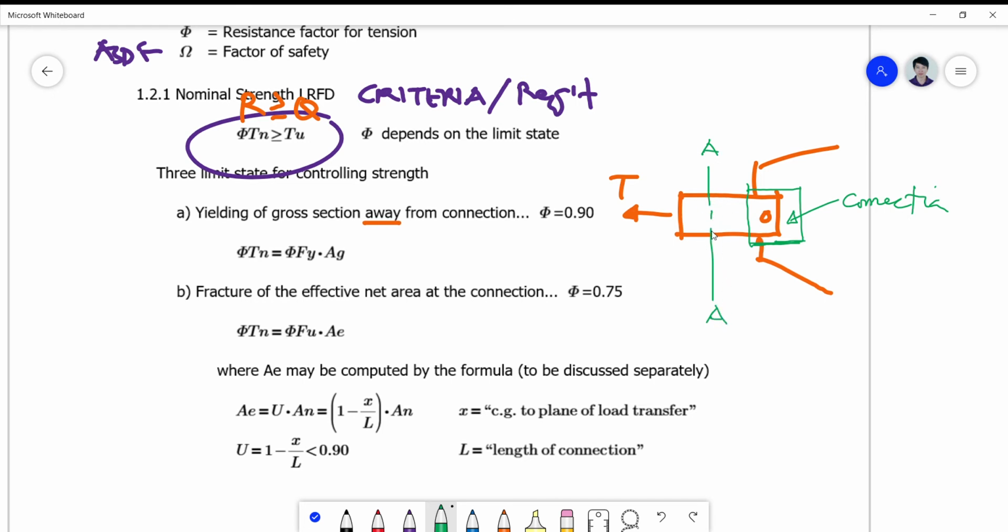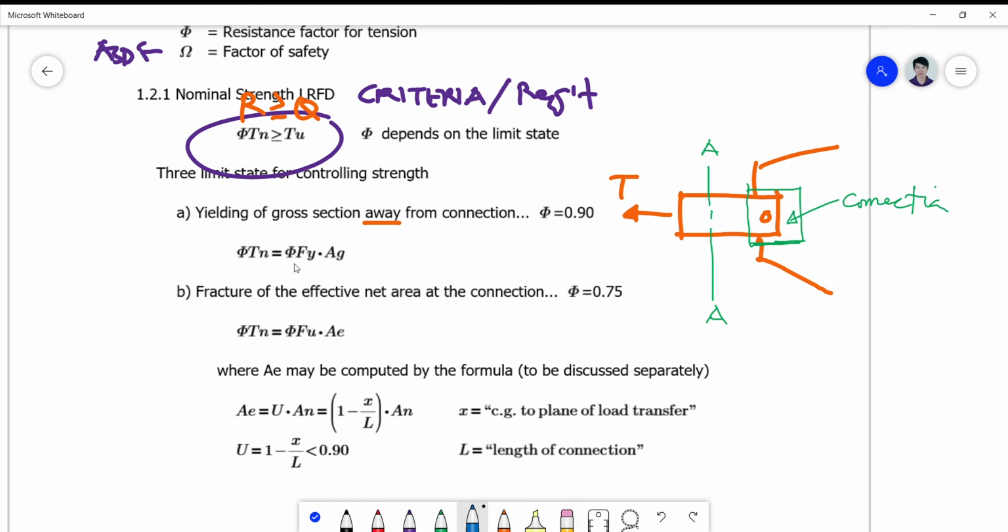The yielding failure is brought about by the application of the tensile force T without considering yet the connection. Okay, so we have to deal with the limit states one by one. And this is just a simple force equals stress times area.